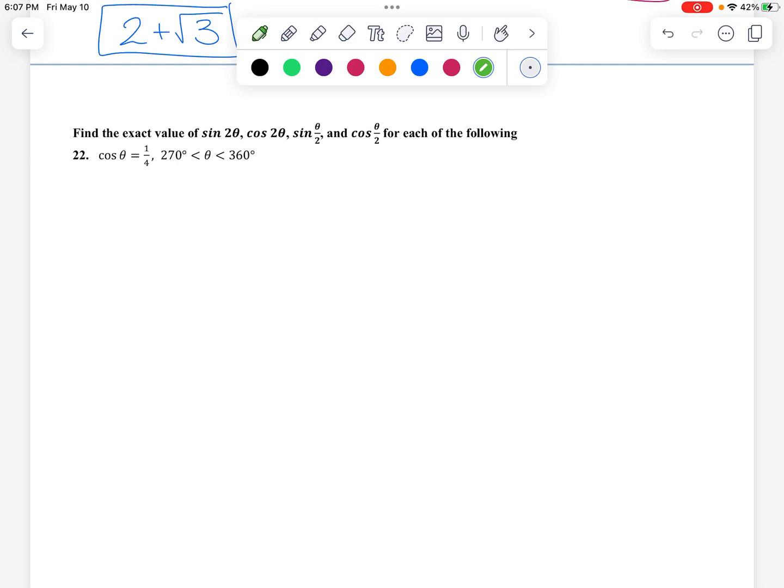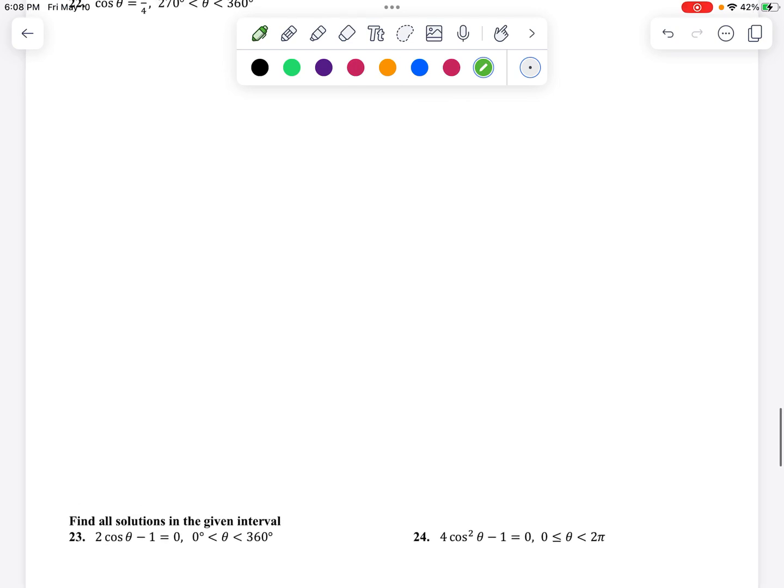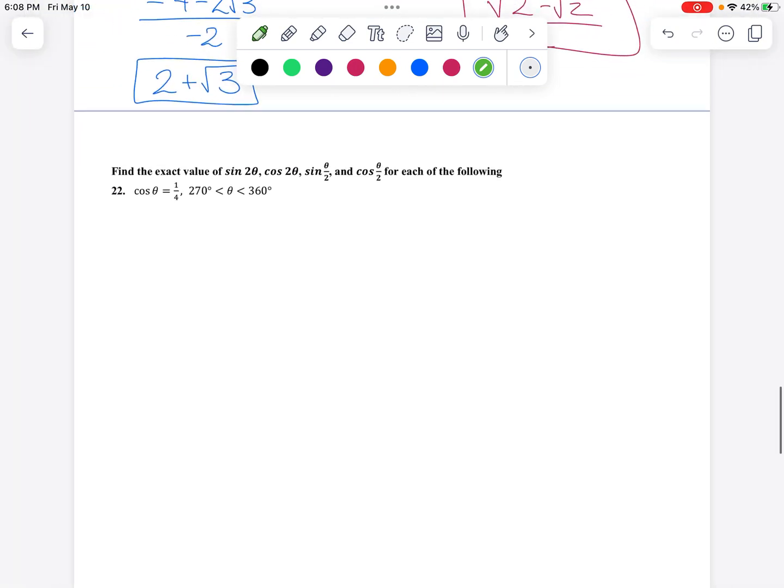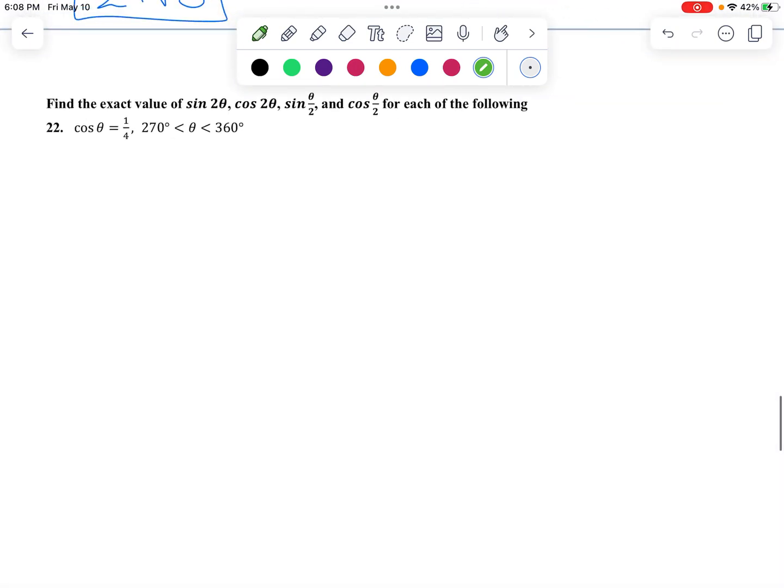Okay, moving on. Find sine of 2 theta, cosine of 2 theta, sine of theta over 2, and cosine of theta over 2. Given cosine is 1/4. The sine of 2 theta formula requires knowing both sine and cosine.